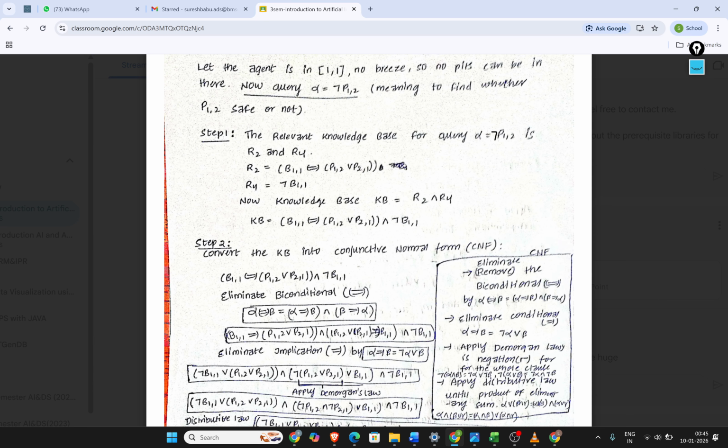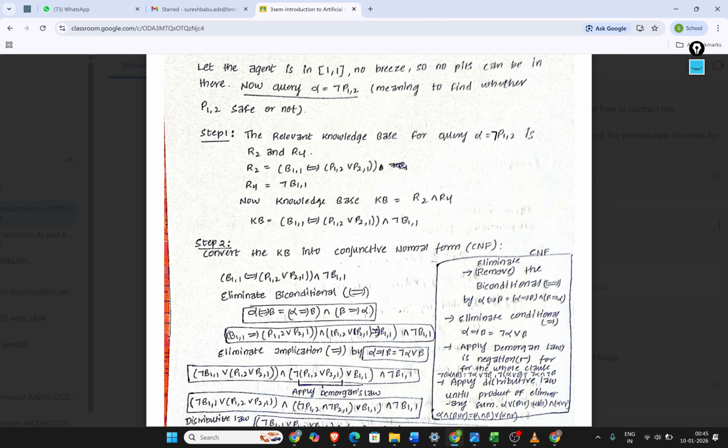In the given knowledge base, we have a bi-implication. To remove it, the formula we use is alpha bi-implies beta equals alpha implies beta and beta implies alpha.